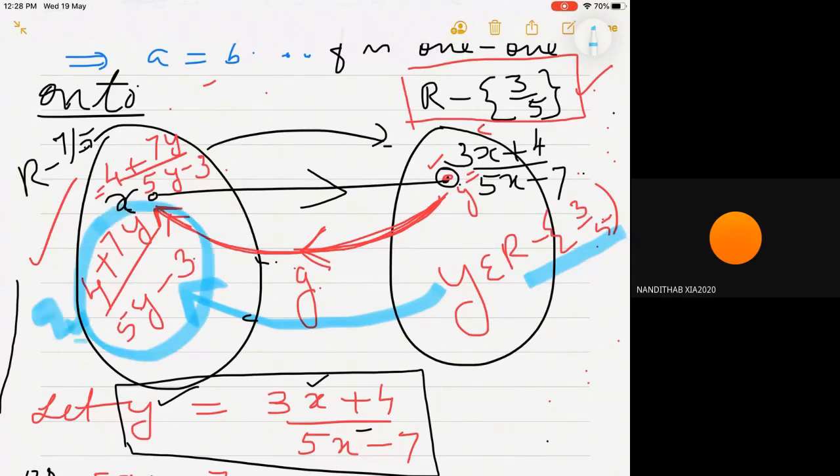There is only one problem here for this expression. What is that? 5y minus 3, the denominator, should not be 0. If the denominator 5y minus 3 is not equal to 0, then this expression 4 plus 7y by 5y minus 3 is always a real number. Real number belongs to this first set.